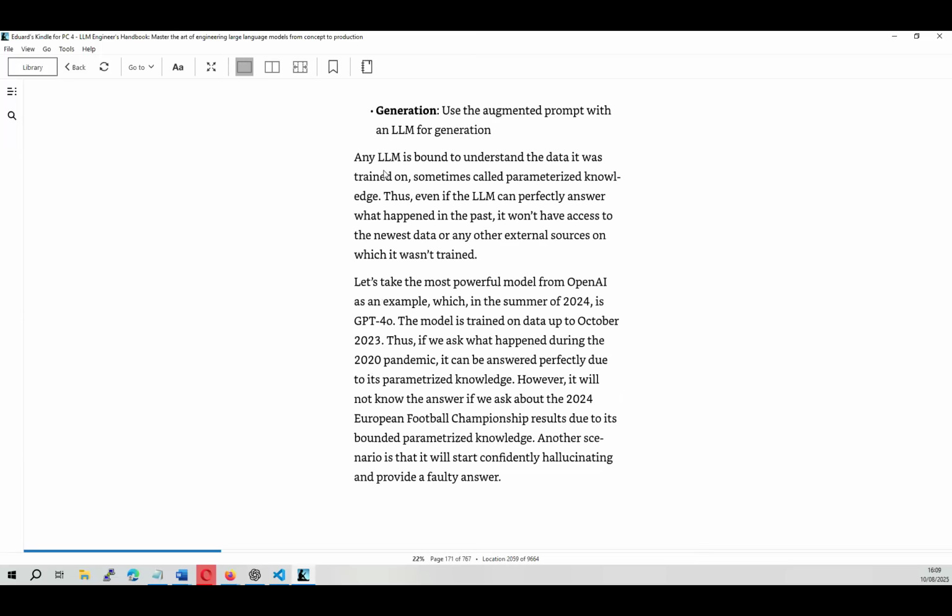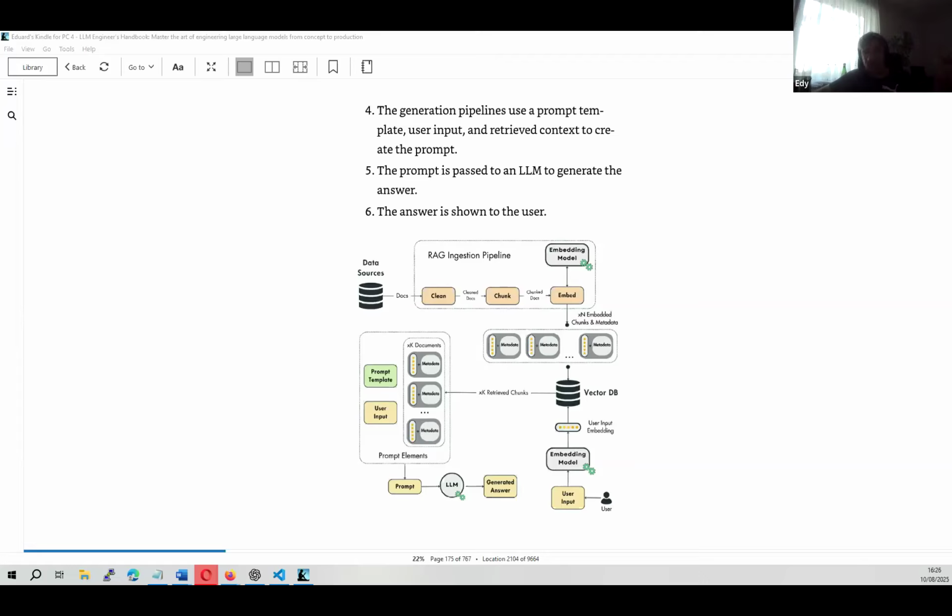So there are multiple elements here, and of course there are some trade-offs which we need to take into account. But at the end of the day, it's mathematics. We have a budget for the context window, and we need to fill this context window with relevant data from our vector database.